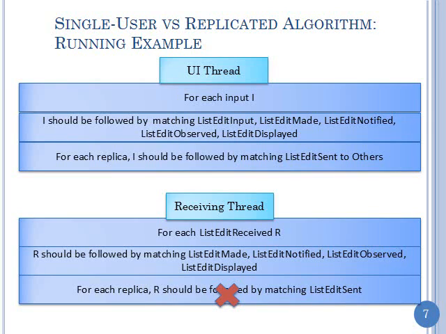How easy do you think it'll be for you to get into a loop? If you code the obvious intuitive way, that's what's going to happen. So somehow we have to prevent this loop from happening, because we do know list edit made gets followed by these actions. We're already doing that here, and we just have to make sure that when we receive a message, we don't do this extra step afterwards.